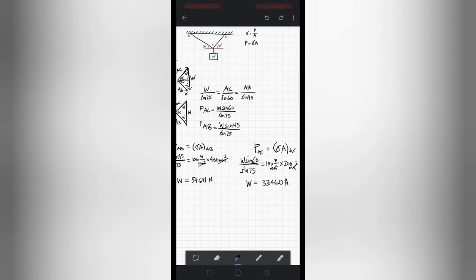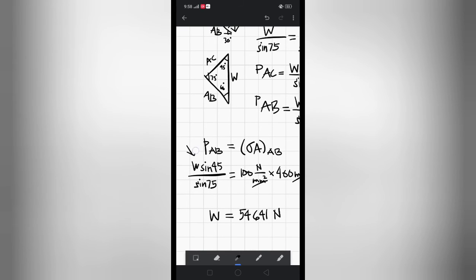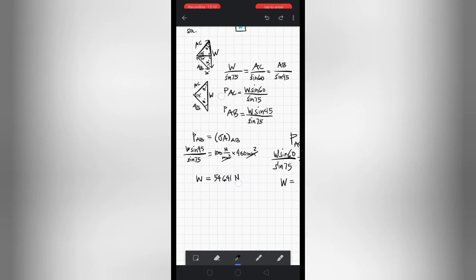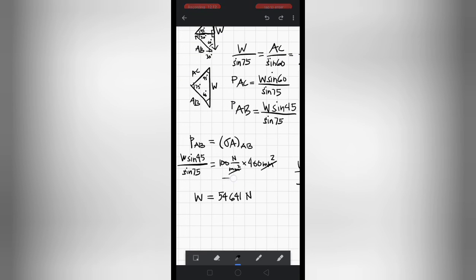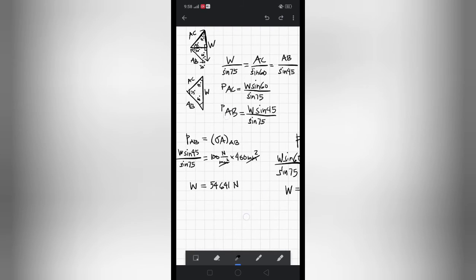So if we try plugging in 33,460 to this W and it came out to be less than this 100 MPa stress, therefore it will not exceed the 100 MPa, and therefore it is safe.